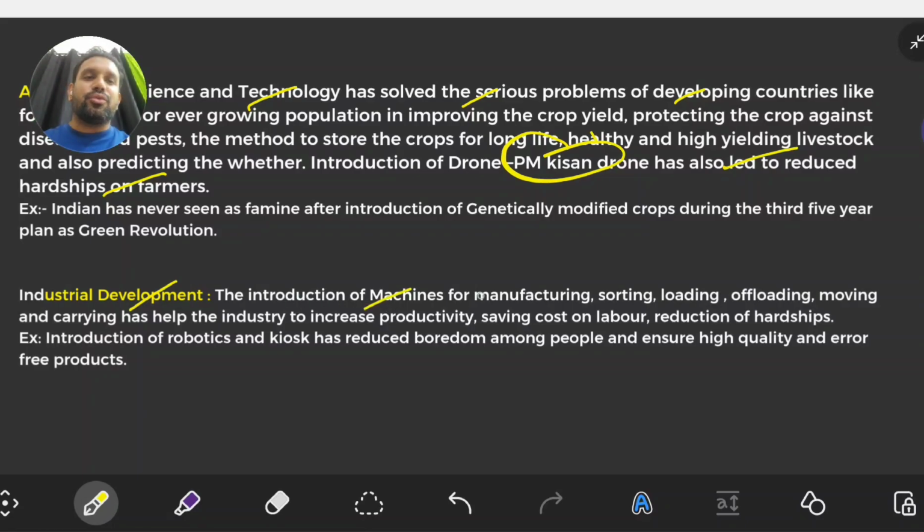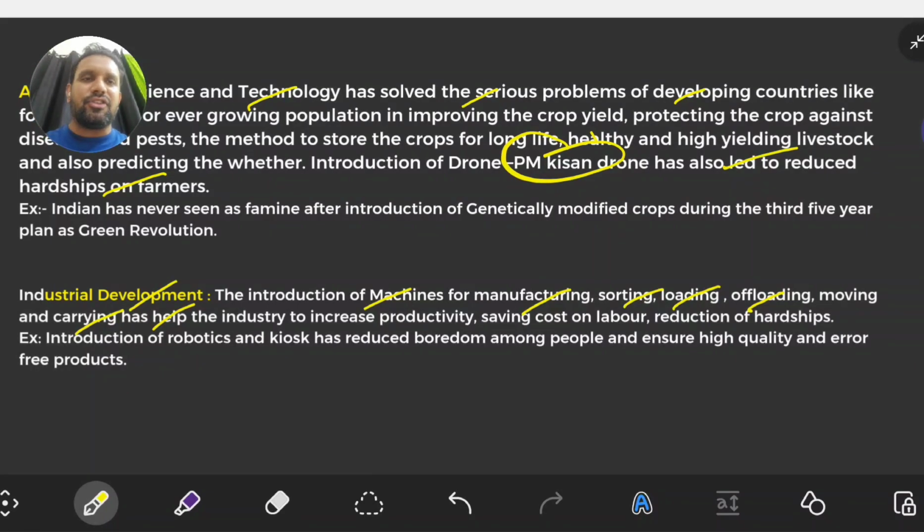Industrial development: the use of machines for manufacturing, sorting, loading, offloading, moving and carrying. Just go to a bigger supermarket like Best Price or Metro. You will see how many machines are loading, removing, putting, sorting, picking up, bottling. All these are possible with the help of what? S&T only.